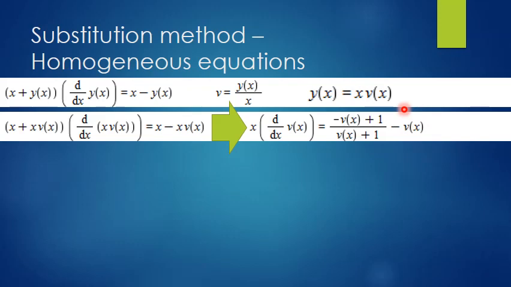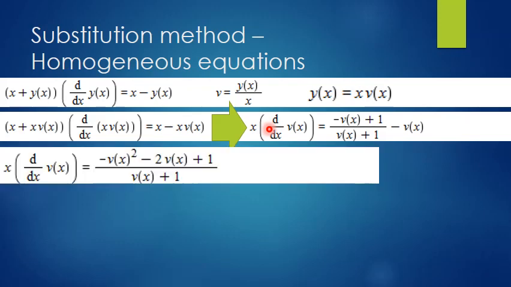Now, technically, this is a separable differential equation. You see, you have all the v's over here, and you only have one x by itself. But you're going to have a hard time doing the integral unless you find a common denominator here, add them together, and if you do that, you get this expression.